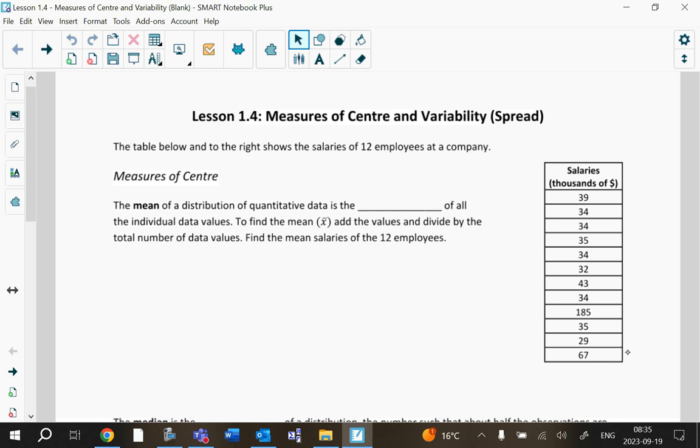Good. So we talked about shape in 1.3. And we talked about if something was roughly symmetrical or skewed to the right or skewed to the left, and if there was a single peak or a double peak. Now we're going to talk about center and variability together, and then we're going to finish by talking about outliers.